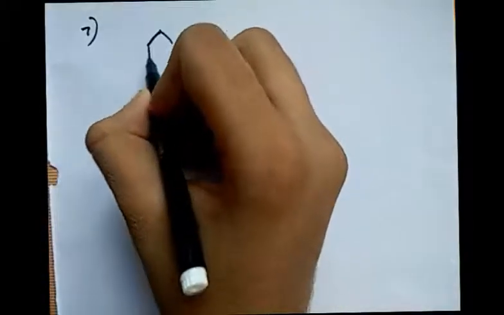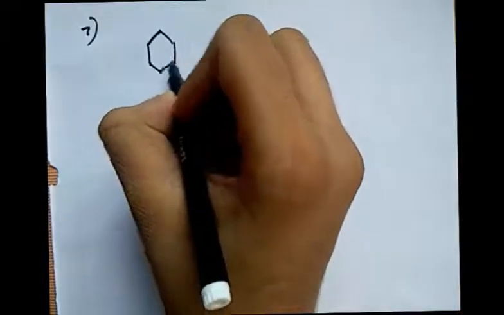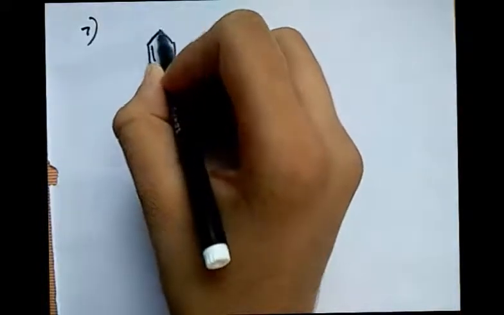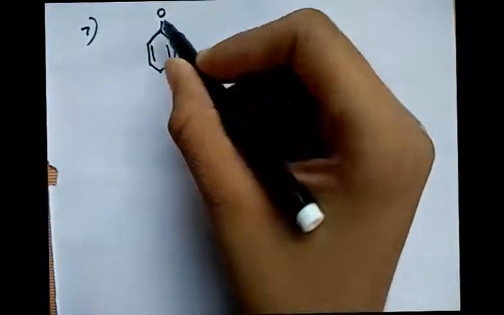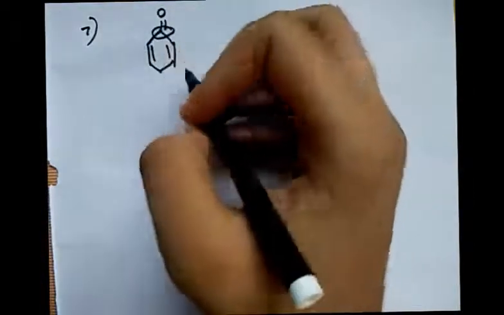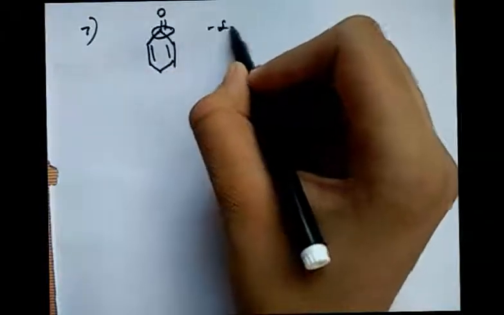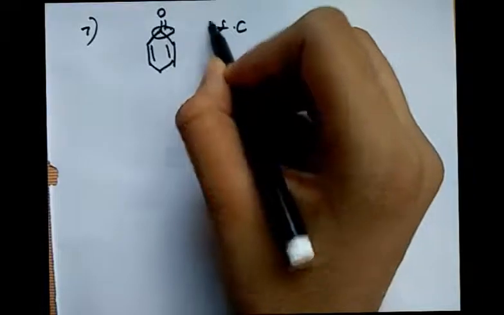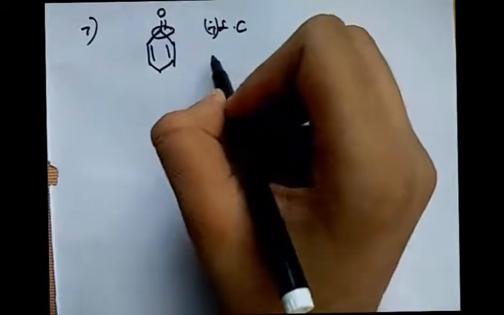Now in the seventh example, there is a special point. If you see this molecule, this is the group, this is the keto group. We want to check about this one. There is alpha carbon on both the sides. First point satisfied, there is alpha carbon.